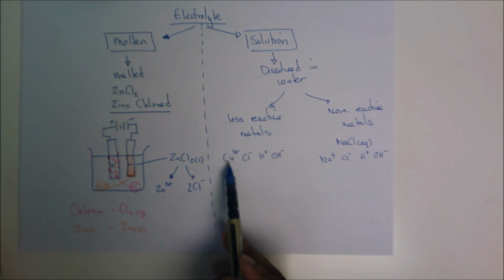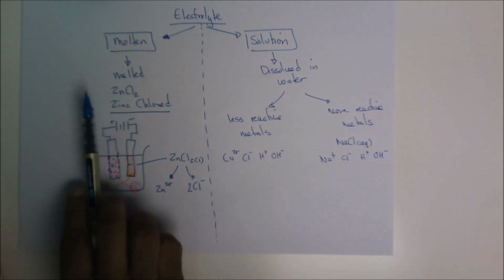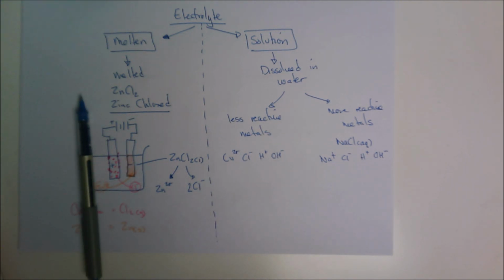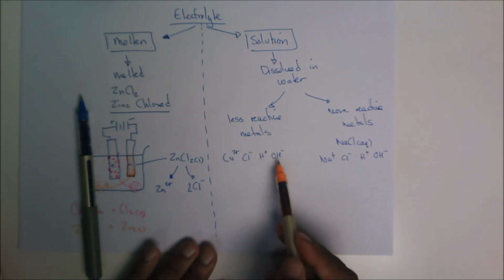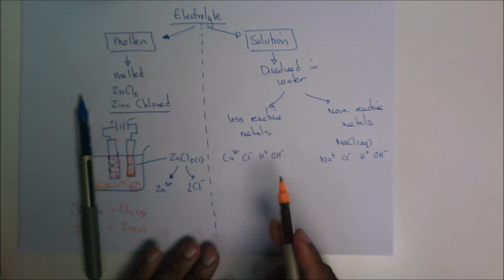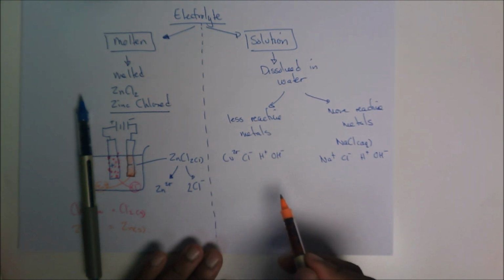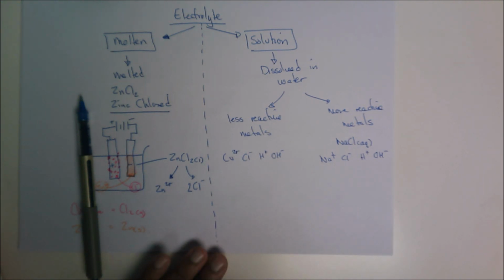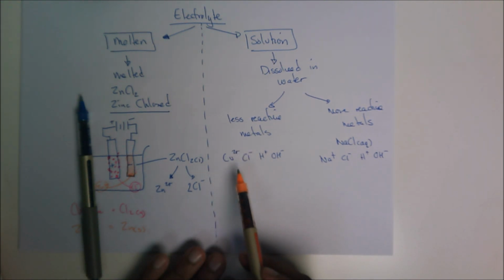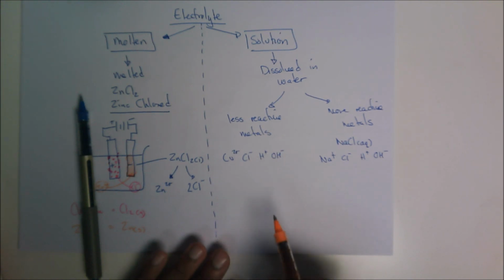In this case, because copper is less reactive, the actual electrolysis will be quite similar to the molten, because these ions don't get involved. Copper and chlorine are quite low in reactivity, and therefore they end up getting discharged at the electrode.